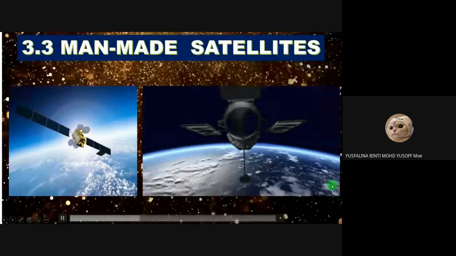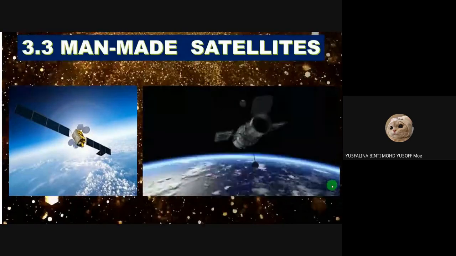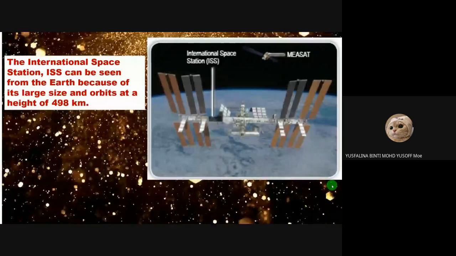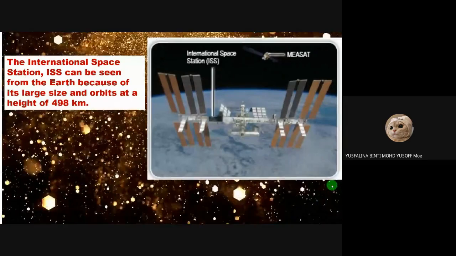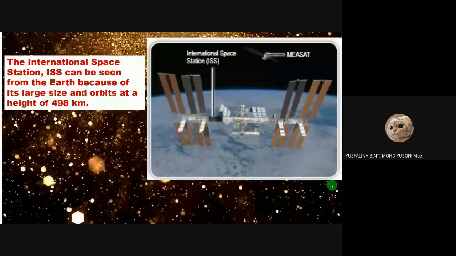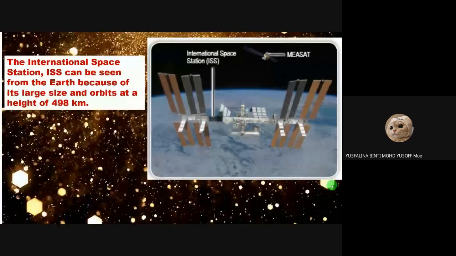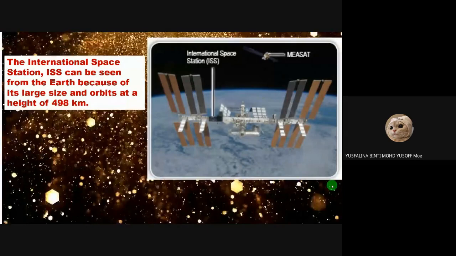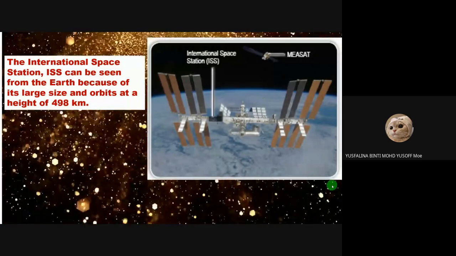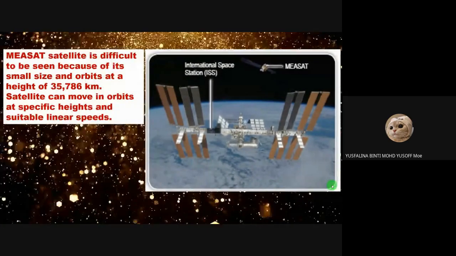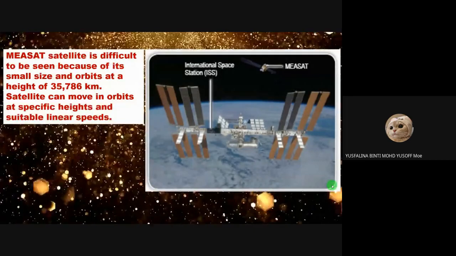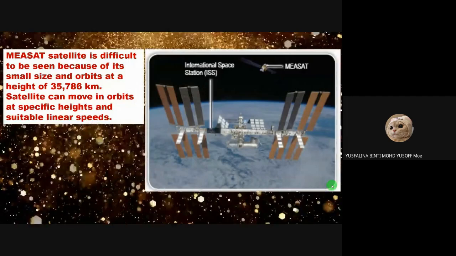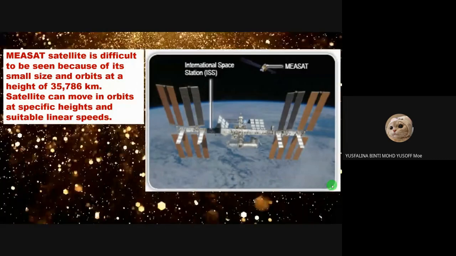So, man-made satellites. The International Space Station (ISS) can be seen from the Earth because of its large size, and also the orbit is at the height of 498 kilometers. The Measat satellite is difficult to be seen because of its small size and also the orbit at the height of 35,786 kilometers.